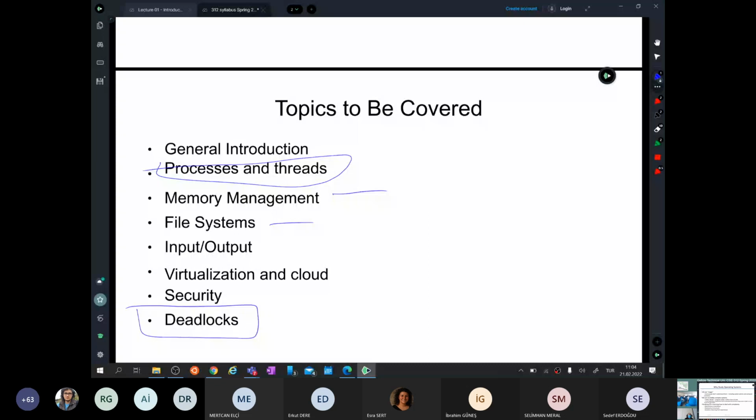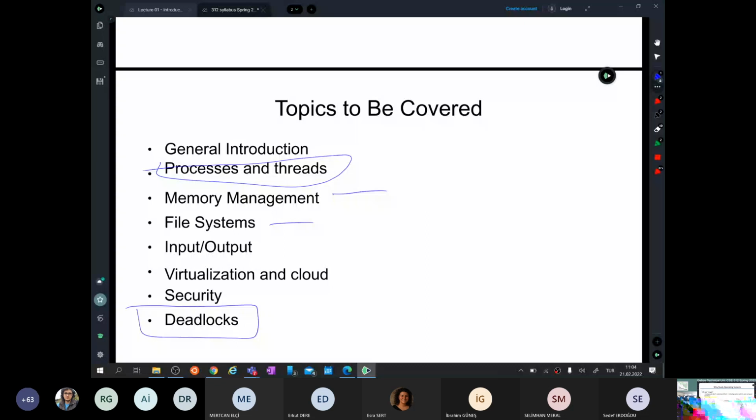Because this hello world is using lots of standard libraries, and those libraries are making lots of operating system calls, which are implementations of other libraries to print something on the screen. Without all of this code, you cannot achieve even the simplest program. That's why operating systems are very complex.